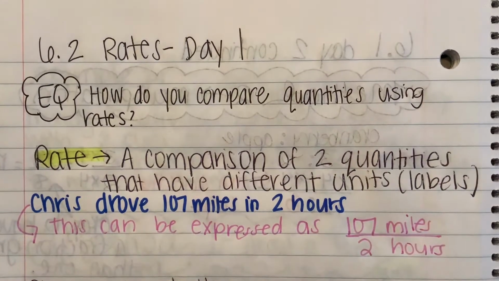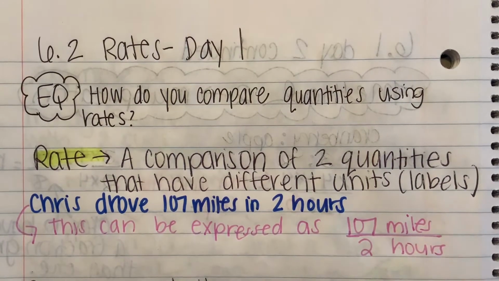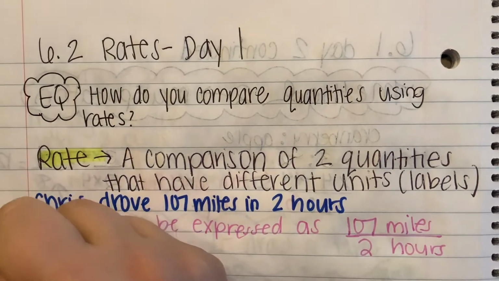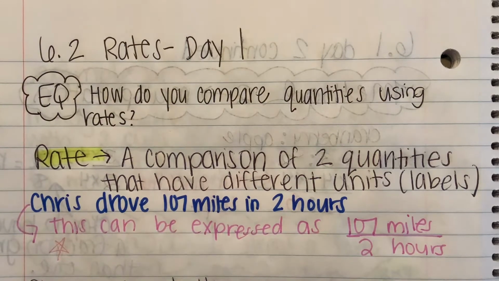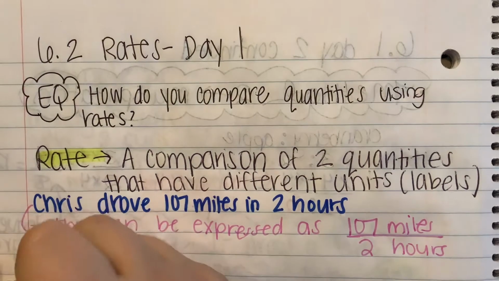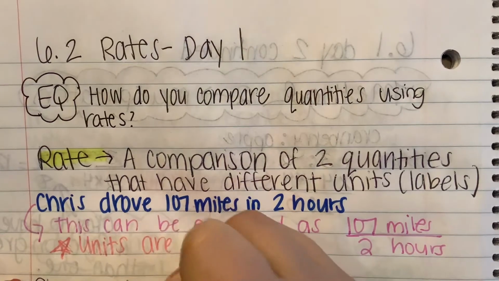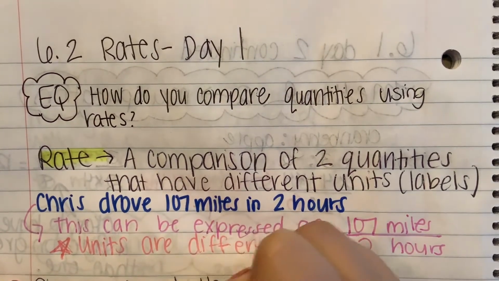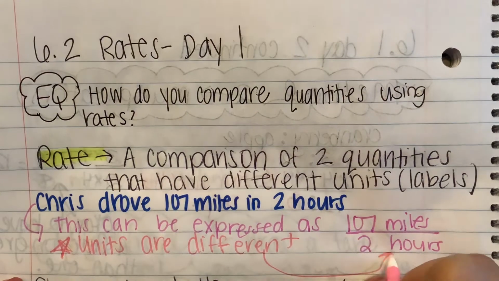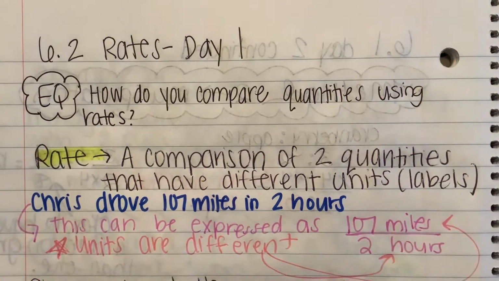So that's how we would express that, miles over hours. Something that we do need to notice is that our units are different. Maybe you're drawing an arrow to show hours and miles.